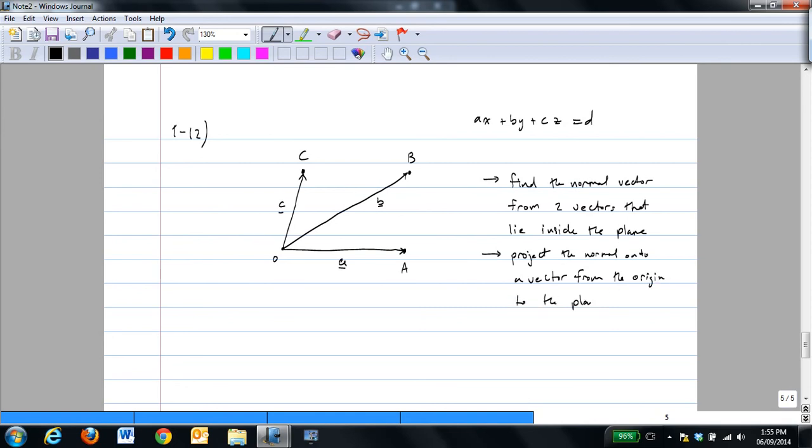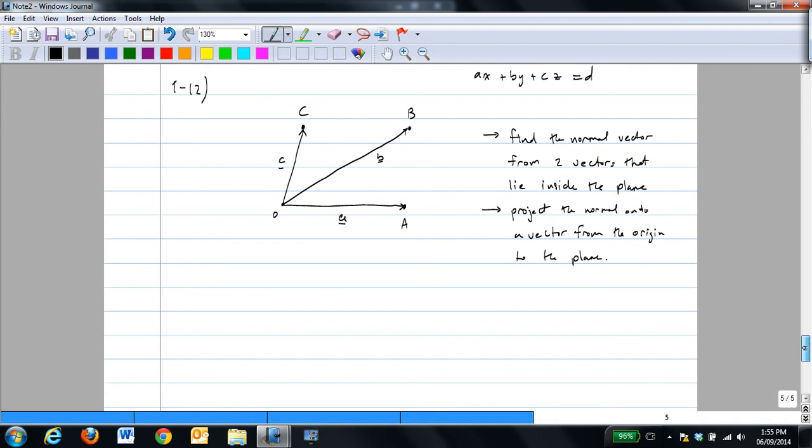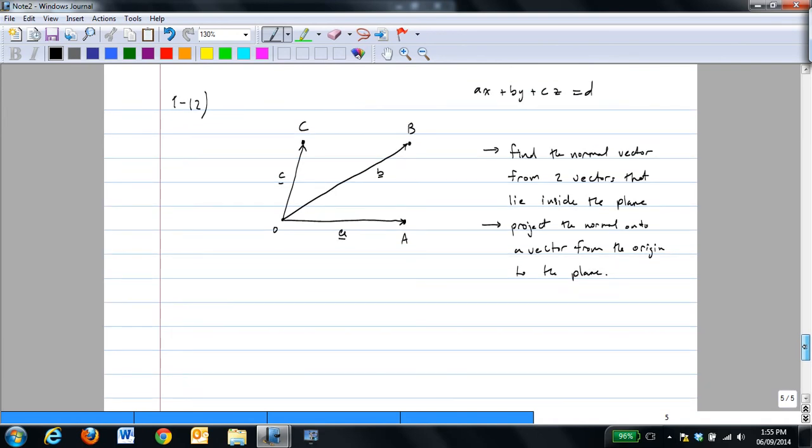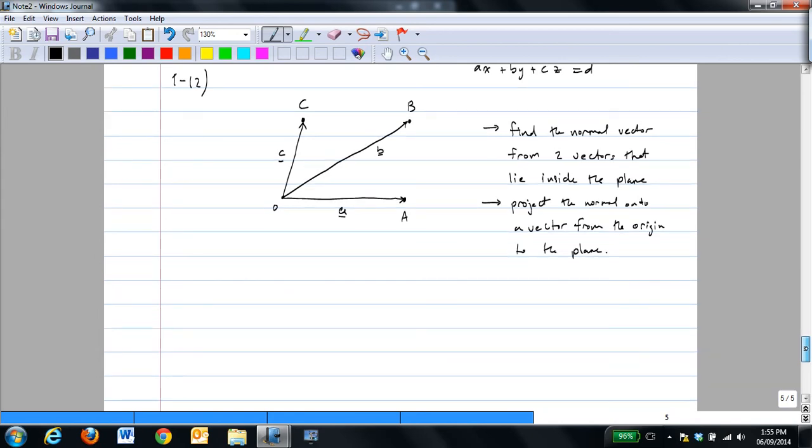So that will give us the height. There's also an alternative way to do this. You can actually find the volume of the plane and then divide it by the area, but I like this way better.